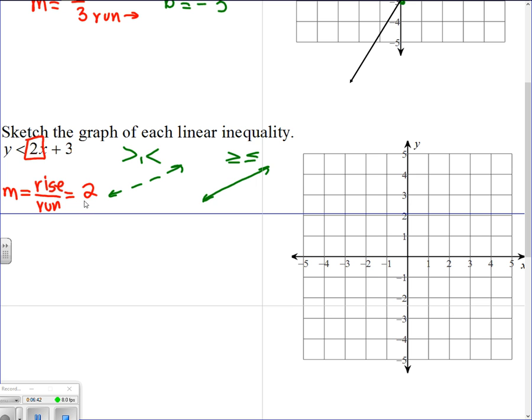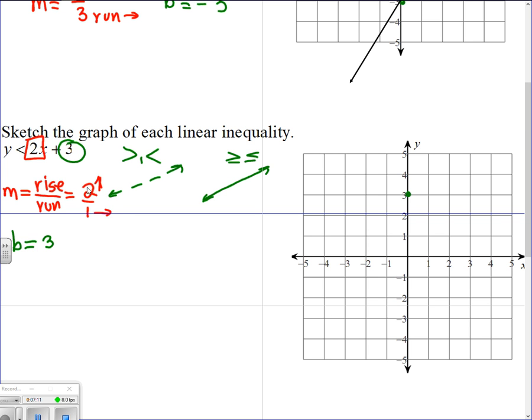If it's not a fraction, you make it a fraction. Because this number is positive, we're going to go up. Because the 1 is positive, we go to the right. And this is my b value. My b value is equal to 3. So the y-intercept is 3. Find 3 in here. There's my 3.